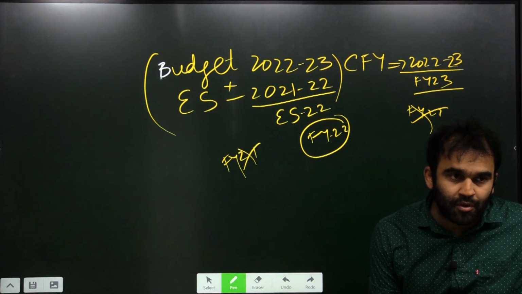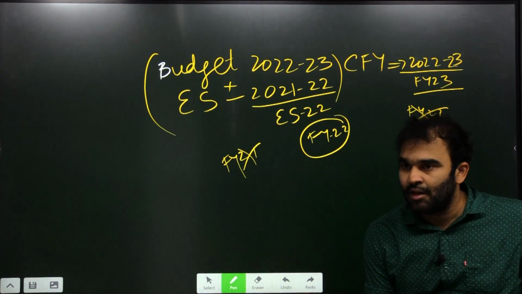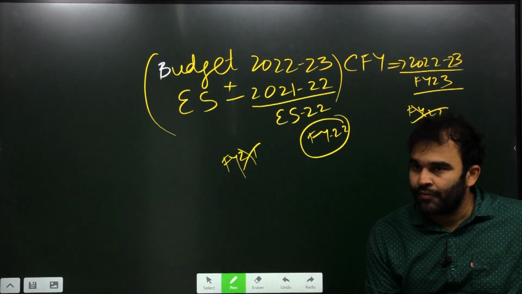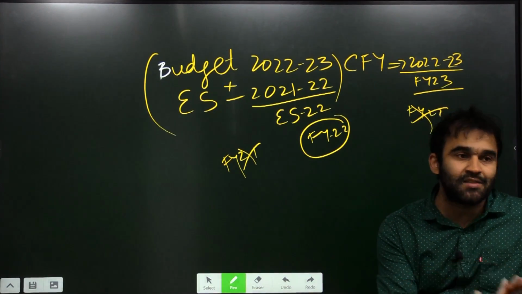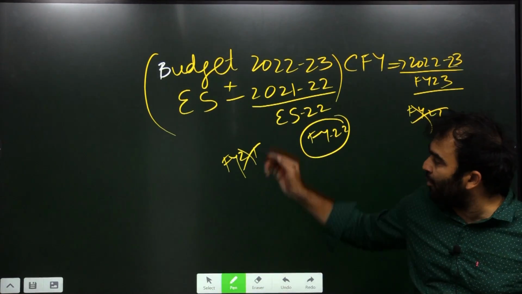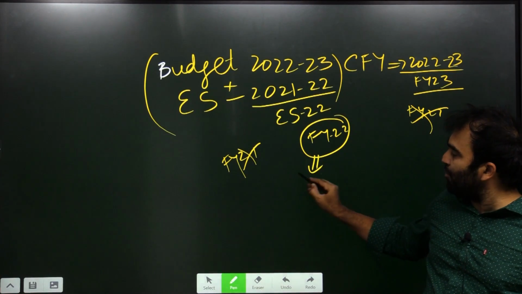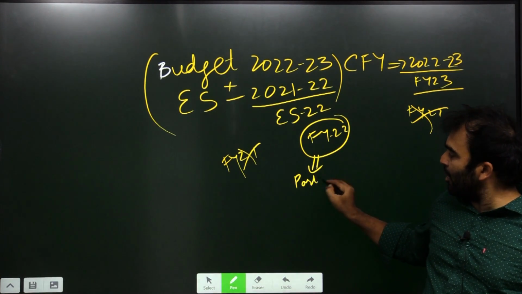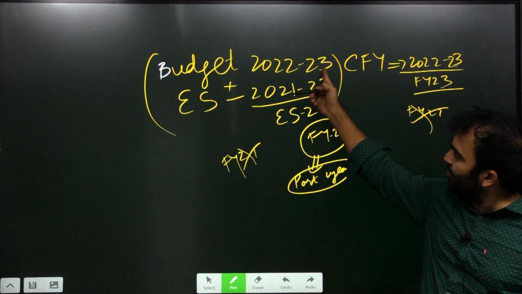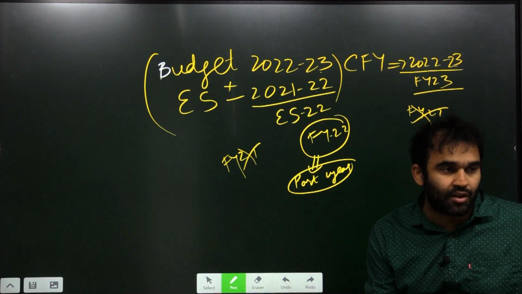What do we mean by economic performance? Sectoral performance. How did the 3 sectors plus the macroeconomic variables perform over the past year? That's what we will be searching in your economic survey. So obviously, you have to analyze the past 1 year, not the coming 1 year. That's the basic difference in terminology and nomenclature when it comes to budget and economic survey.